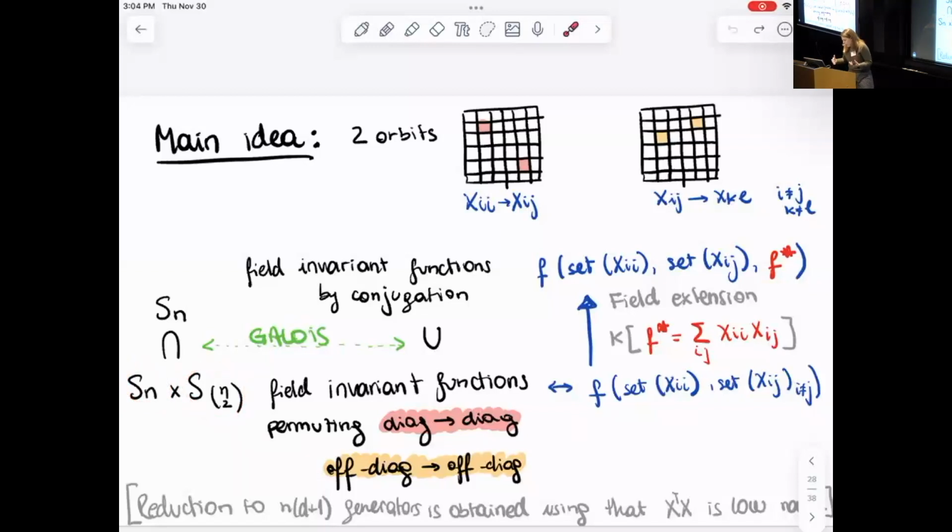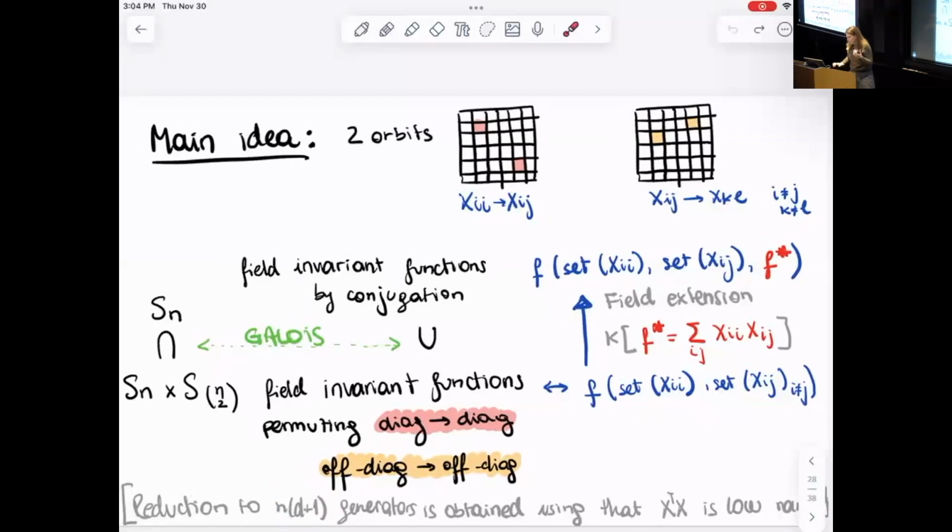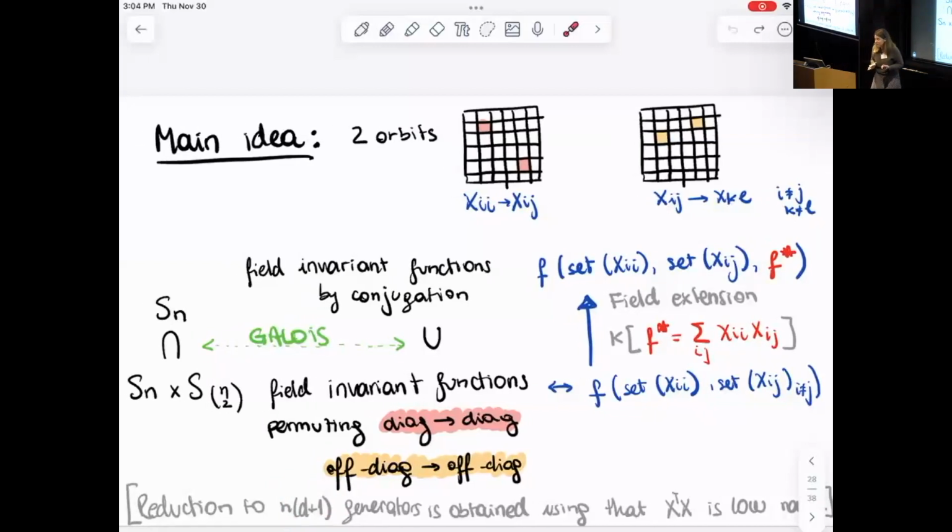And then you can use some techniques from Galois theory that tell you how to write the field of invariant functions in this space. And using that and other ideas, you can reduce this construction to n times d generators instead of using the entire matrix. So you can write generators of the space of invariant functions using n times d things and not n squared, which makes more sense for this problem.